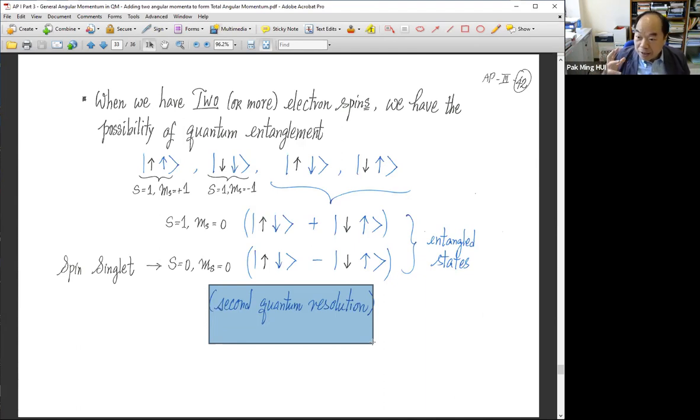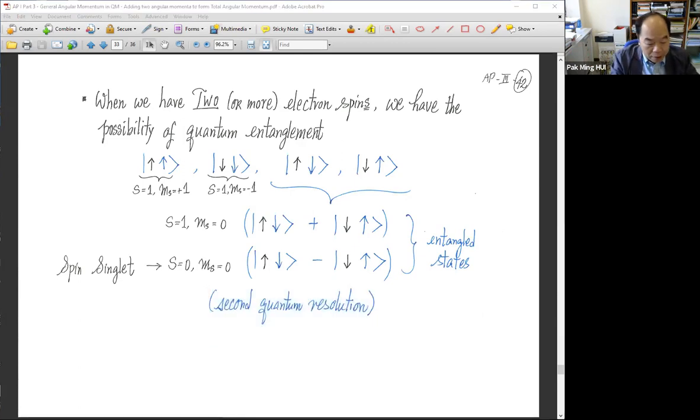But in recent years, all major countries around the world invest heavily into what we now call the second quantum revolution. And the goal is to explore the applications of two quantum elements, superposition and entanglement. So these two things are very important, for example, in quantum computing.